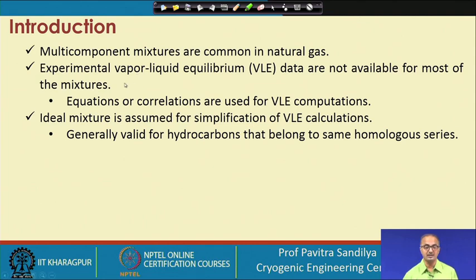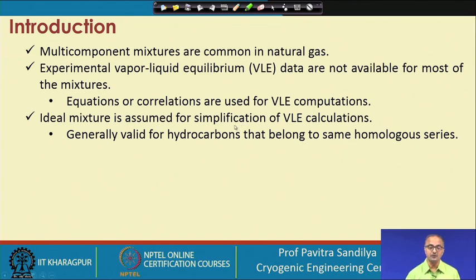In such cases the vapor liquid equilibrium data, that is the VLE data, are not generally available because of the many variations in the compositions as well as in the operating conditions. So, we need some kind of equations or correlations for estimating the VLE data and the other computations necessary for such systems.